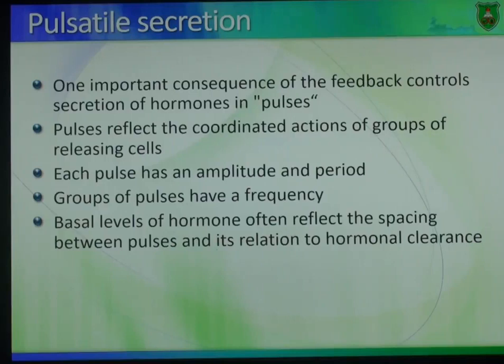But if the release occurs in pulses, you have hormone binding to the receptor, it is internalized, gets degraded, and when the hormone disappears, the receptor appears on the cell surface again. You have production of hormone binding to the receptor, and so on, and the cycle continues. So for most of these hormones, the secretion is pulsatile.